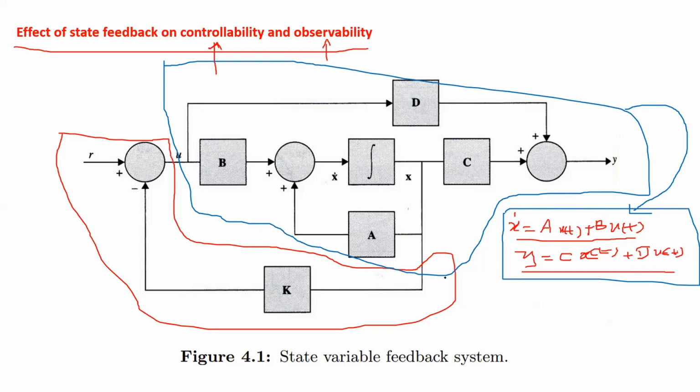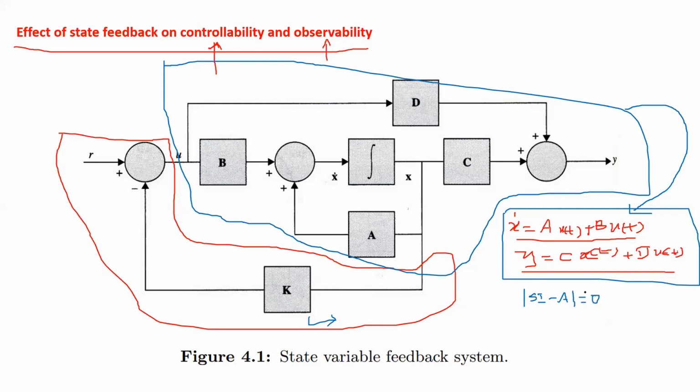In addition to that, we have to add one feedback with respect to the k value. There is an additional feedback which is connected with respect to k. So before adding this value of k, we can find whether the system is stable or unstable by taking the characteristic equation, that is |sI minus A| is equal to 0.